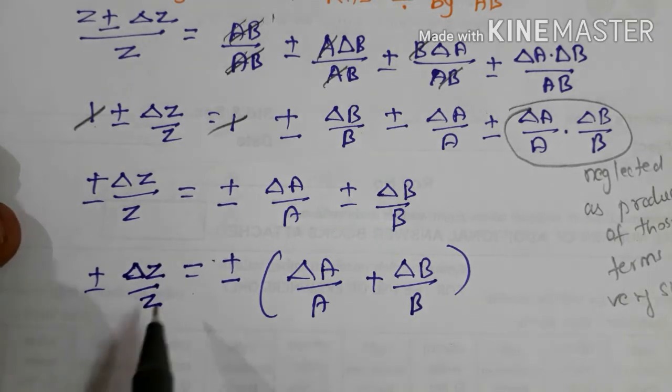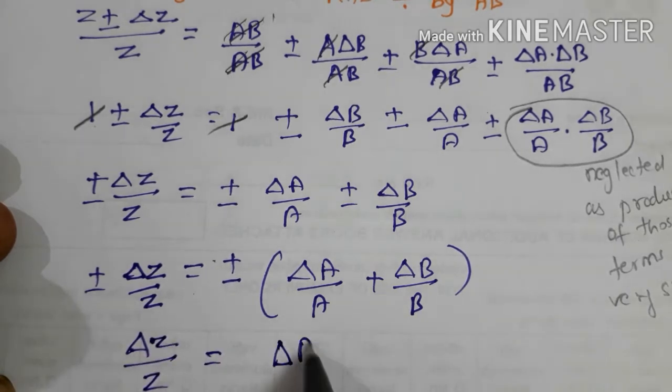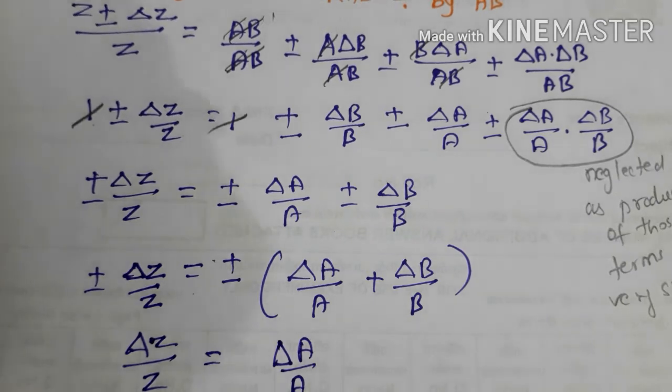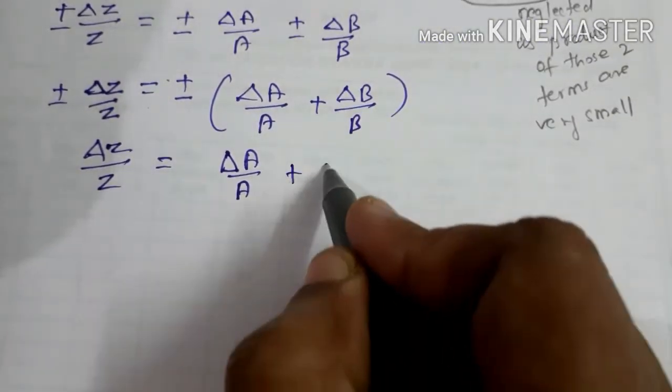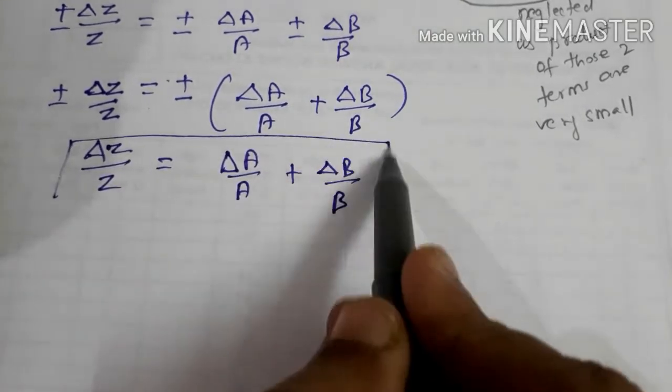Now children, what do you understand from this term, children? Delta A by A plus delta B by B. What do you understand from this term?